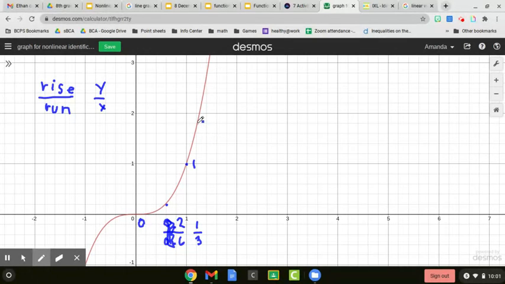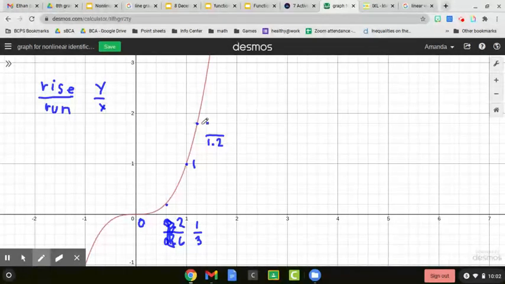And we'll take a look at one final point. Let's go ahead and use this one. It's pretty easy to see. We've got 1 and 1/5 as our run, so we'll call that 1.2. And our rise is 1 and 4/5 or 1.8. And again, this is a ratio.